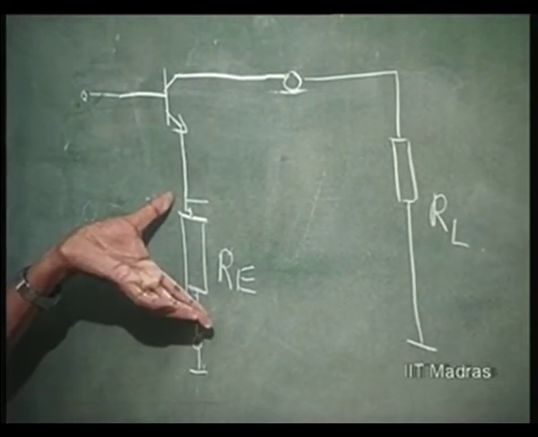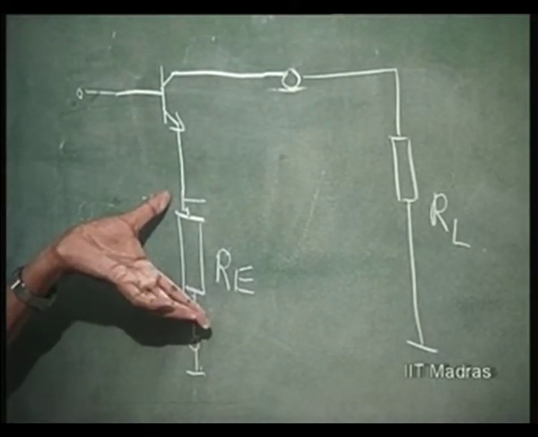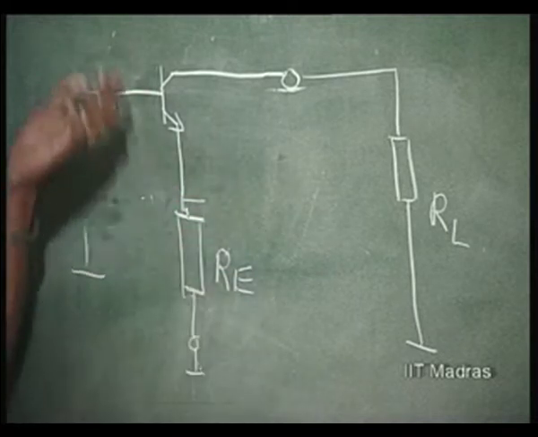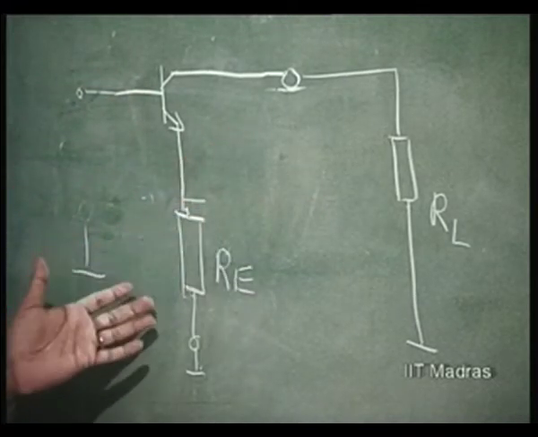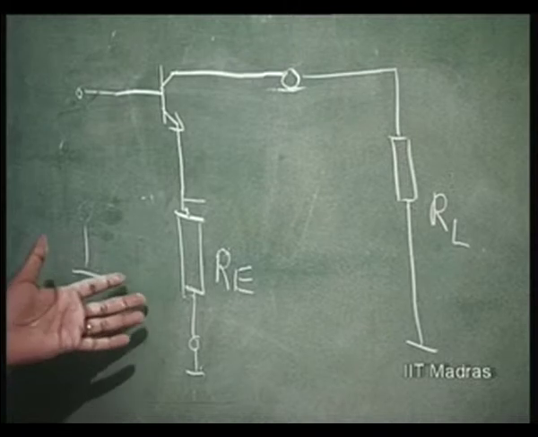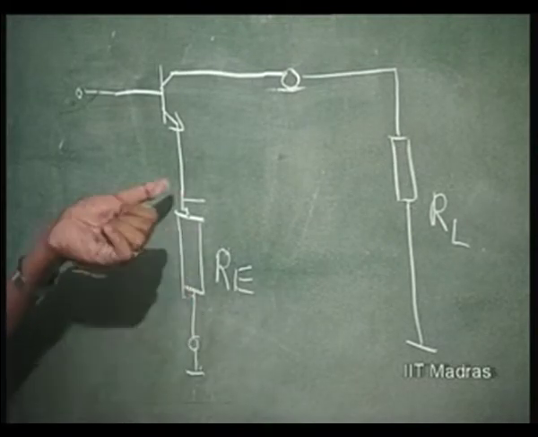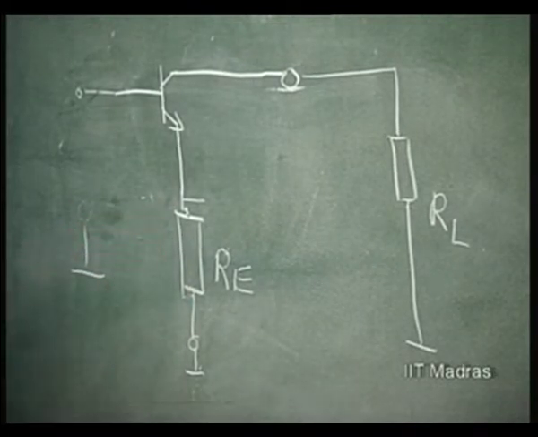In our earlier common emitter amplifier, assume that emitter bypass capacitor has been removed, then what happens? This is what happens. This we have illustrated in the lab experiment by removing this capacitor and showing that the amplifier becomes linear, input impedance increases, output impedance increases.